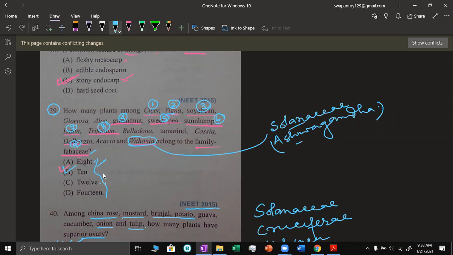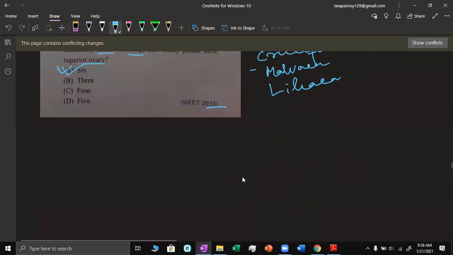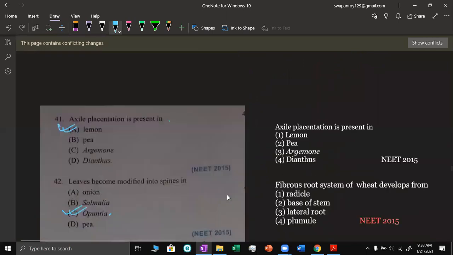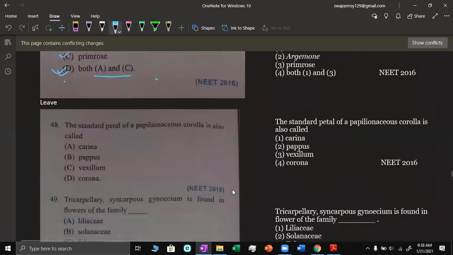So here it is actually 9 in number, not 10, not 8. So please correct this one. Okay, next, we will go to the next question.